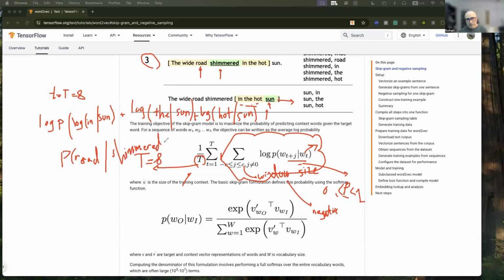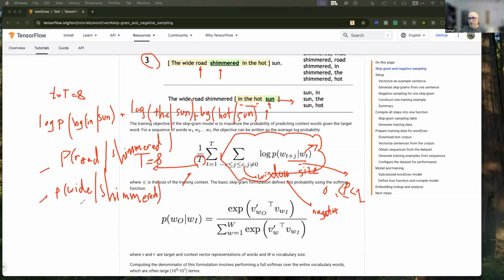We assume that these words, like another word, white, given shimmer, depend only on the target. They are not dependent on each other. So road doesn't depend on white or vice versa. So these are all independent.